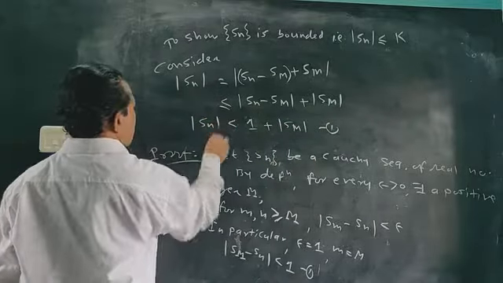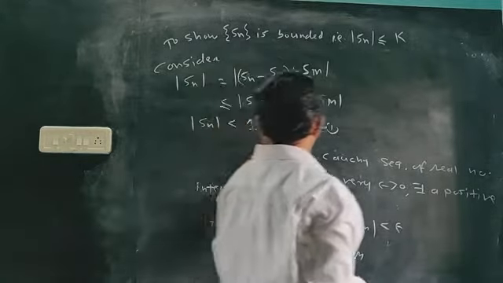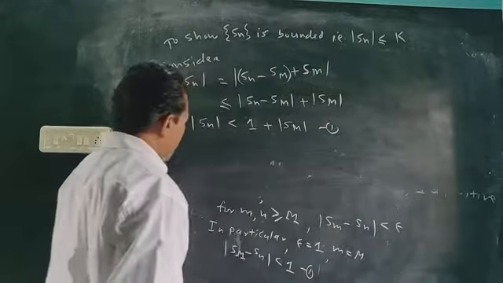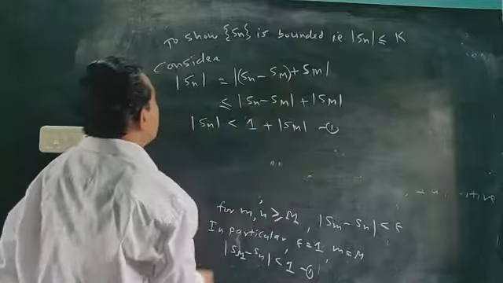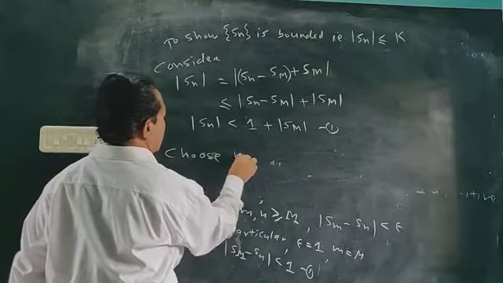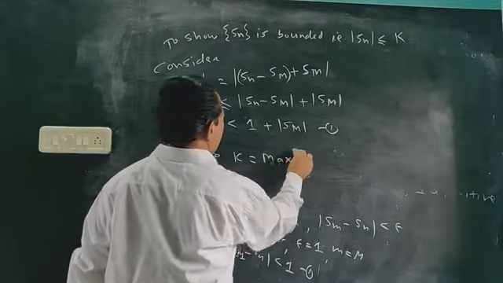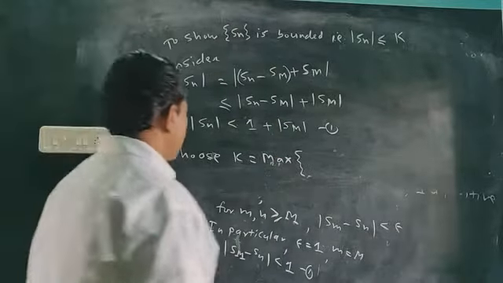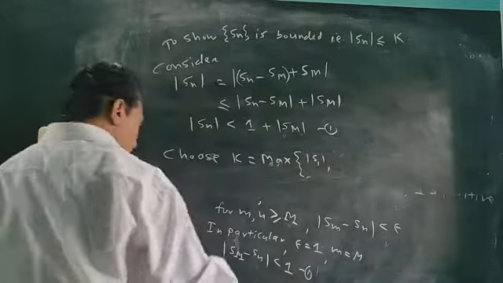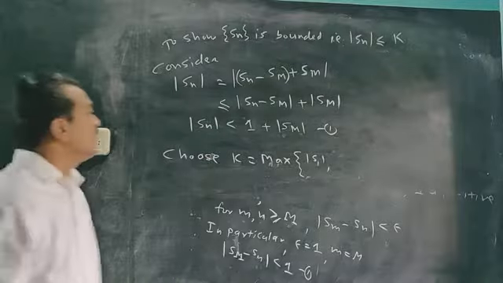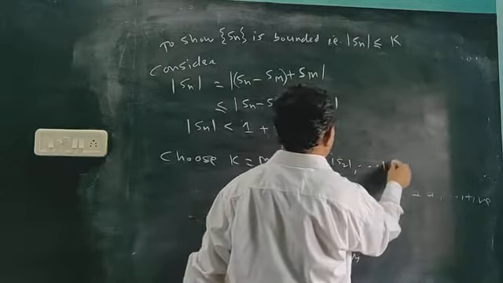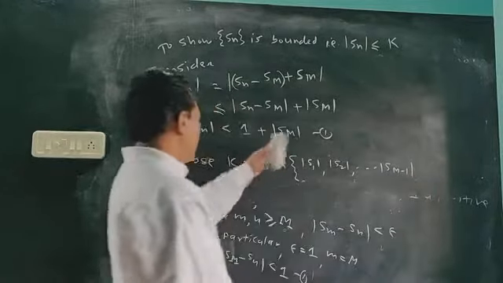This holds under the condition that n is greater than or equal to M. Now I want some K, so choose K as a maximum of all the terms before M: mod of S1, S2, up to S(M minus 1).